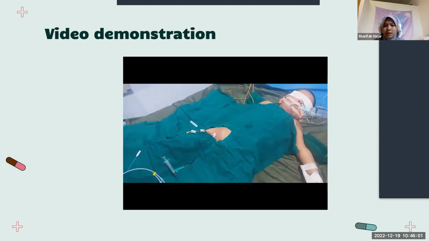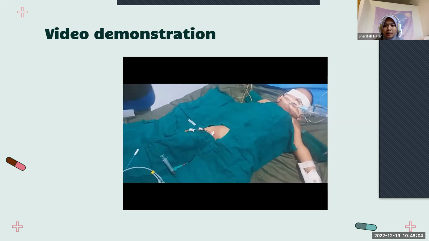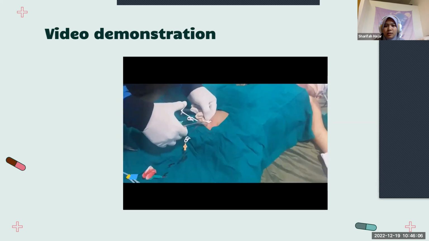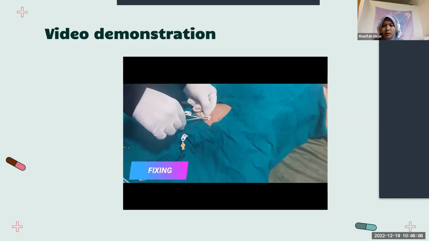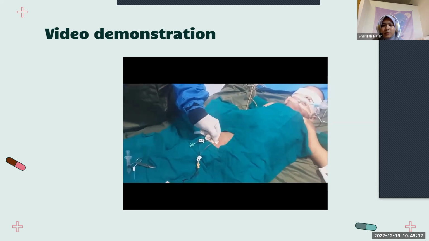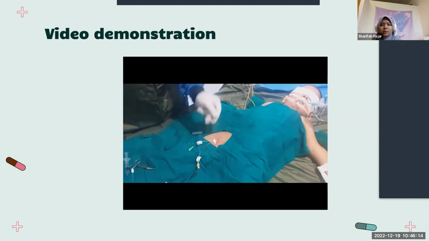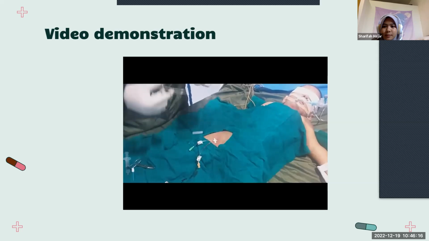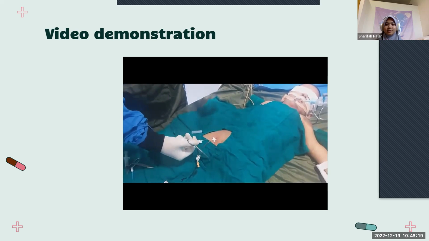Alright, so lastly they secure the line using sterile dressing. Next.